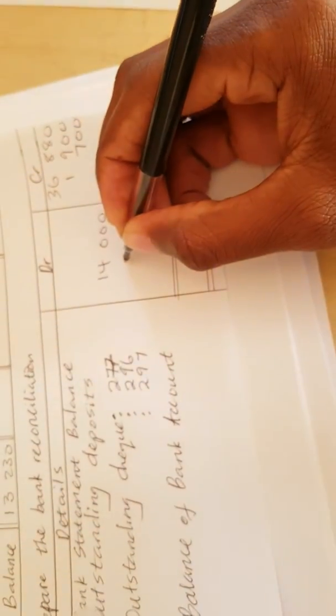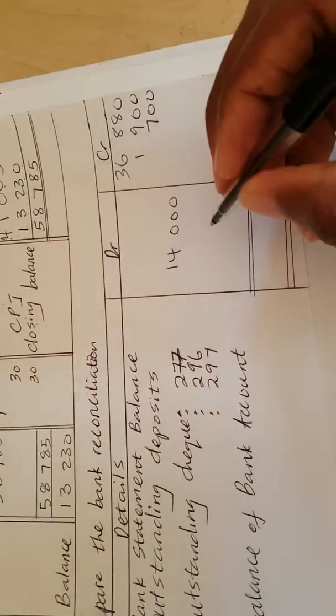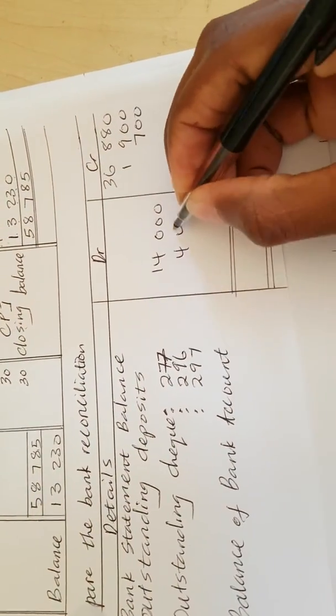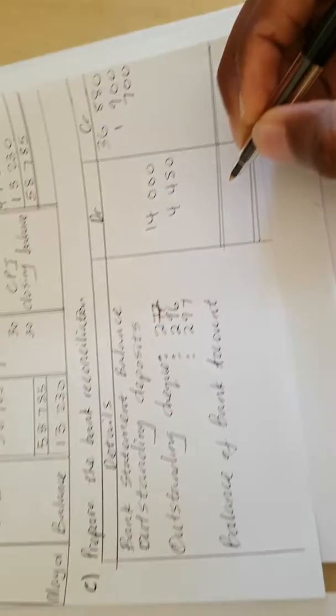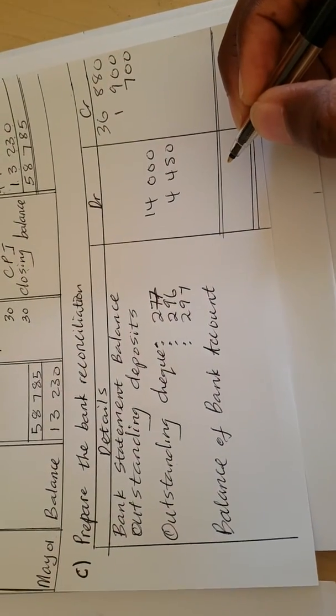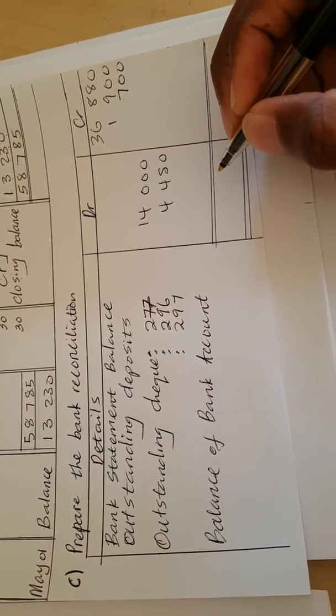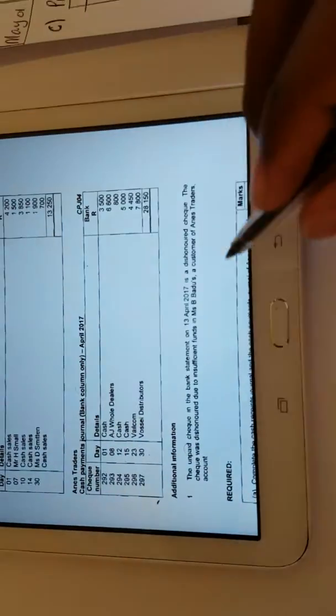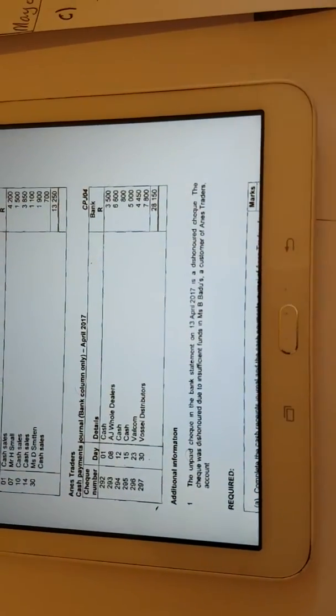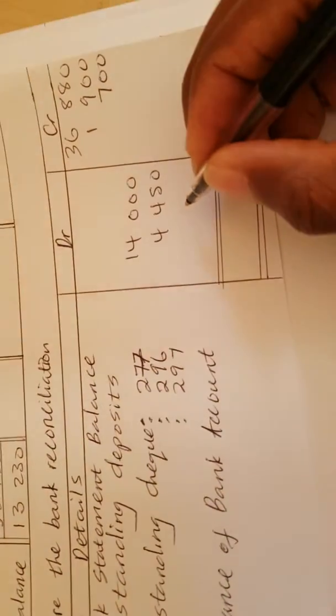So we have check number 296 of Velcom, 4,450. You come and write it here. We also have check number 297 of Vessel Distributors of 7,800. We come and write it here.